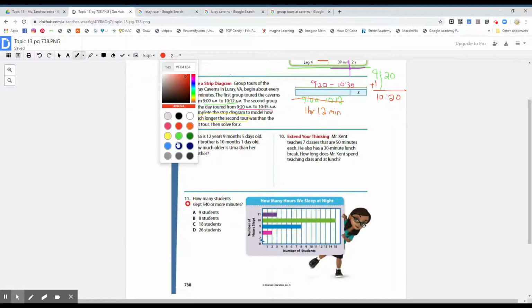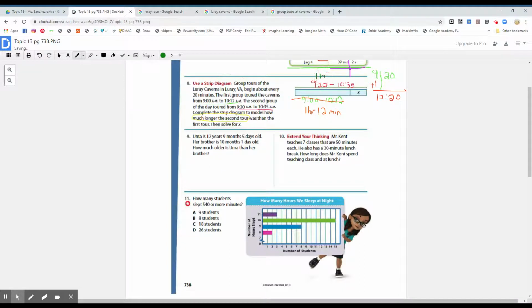So if 1 hour is at 10:20, what do you want to do with the 10:20 and then 10:35, boys and girls, to find what we're still missing? And if you said subtract, good job. I'm going to write the bigger number first, 10:35, and we're subtracting the 10:20, which was that 1 hour later.